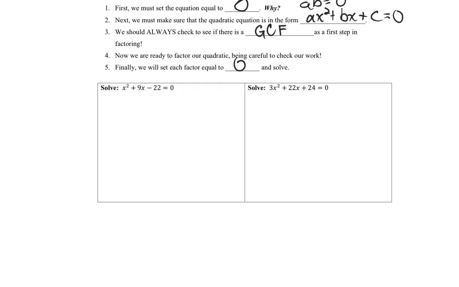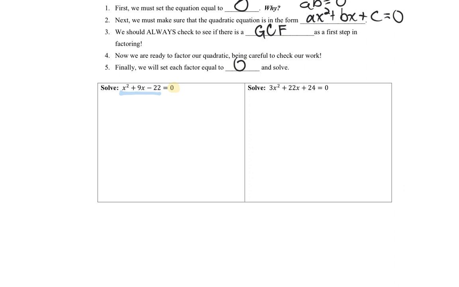Okay, so this first one, we have x squared plus 9x minus 22 equals 0. So we have our 0 on this side, which is what we need. And then if we look at this side, it's in the proper order, right? So now, what is our task?